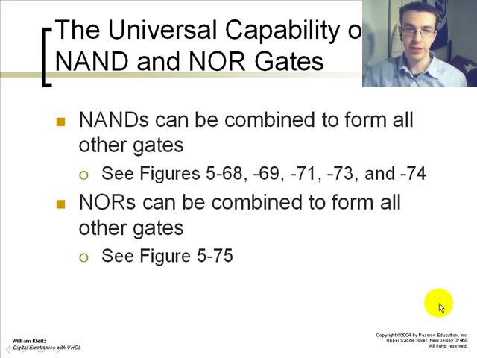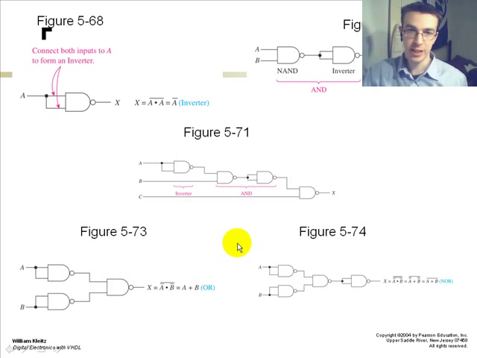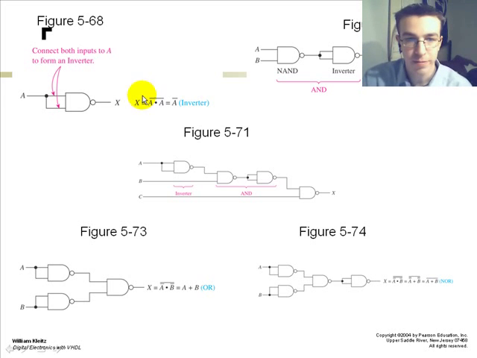Universal capability of NAND and NOR gates. NANDs can be combined to form all of the gates, as well as the NORs. We'll see this by these diagrams right here. With our first one, we have x equals negative a times a equals a.